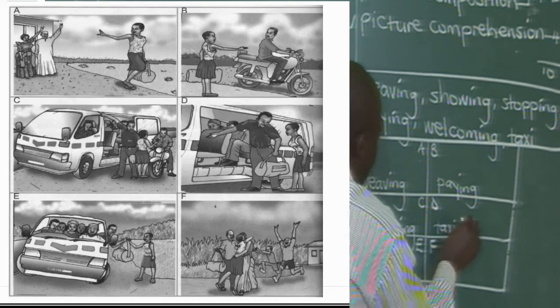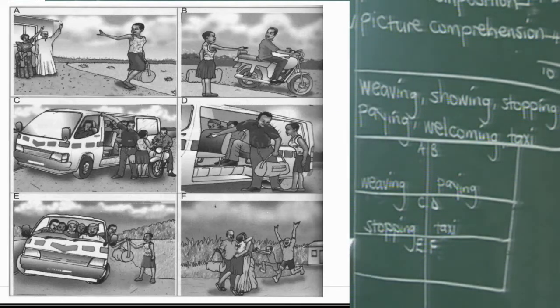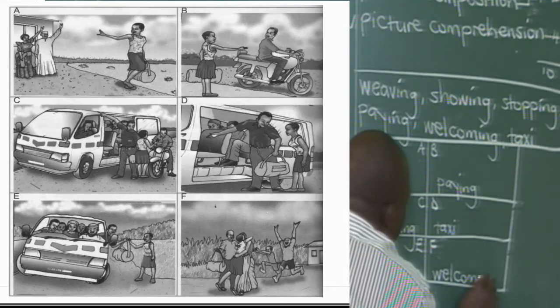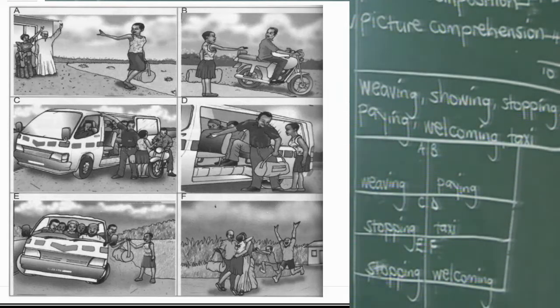We can see the taxis there. F, there is paying. Paying also we can use, or stopping, if you want, because she has reached her destination. Then there is welcoming.